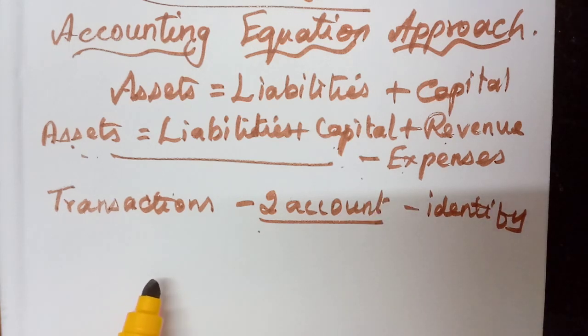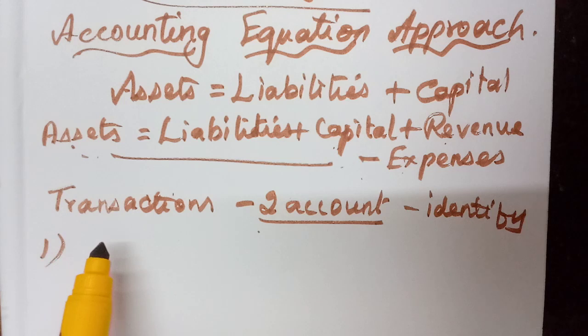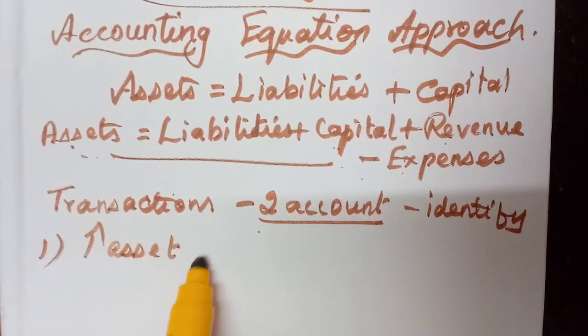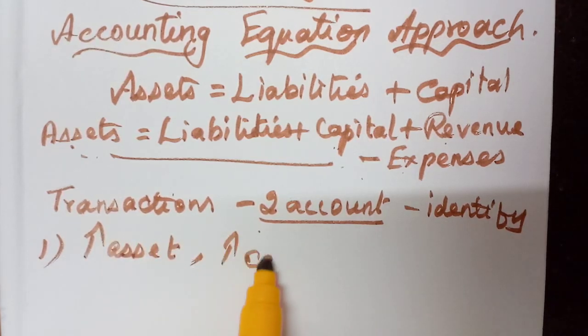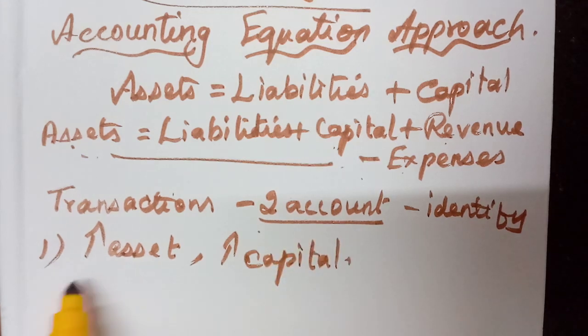Now we will see some examples. Okay, a transaction that increases the capital and increases the asset. The transaction that increases one asset and increases the capital, we will see. This is the first transaction.